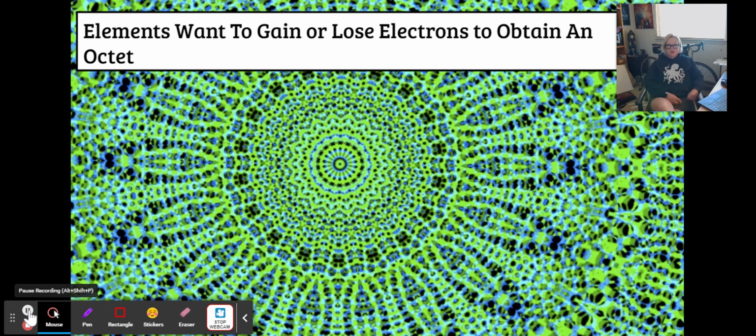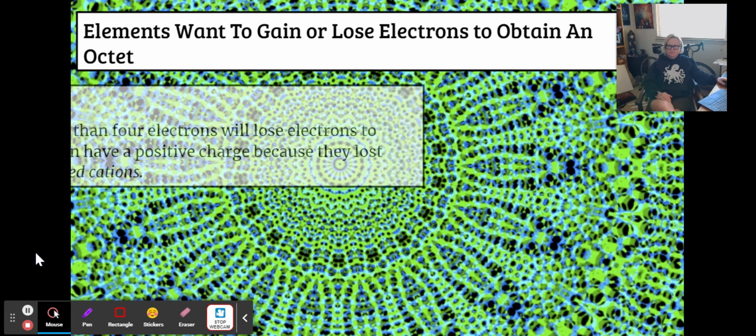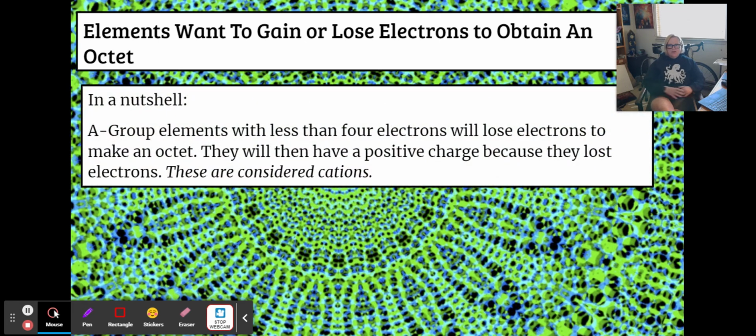So this part is all review. You may recall that elements want to gain or lose electrons in order to obtain an octet of electrons in their outermost shell. I'm not going to go through all of the details involved with electron configurations in order to figure out where the octet comes from.